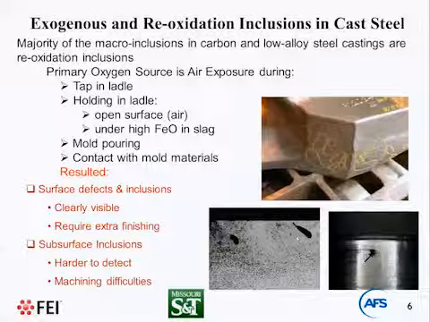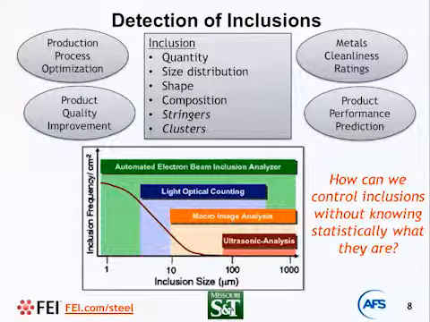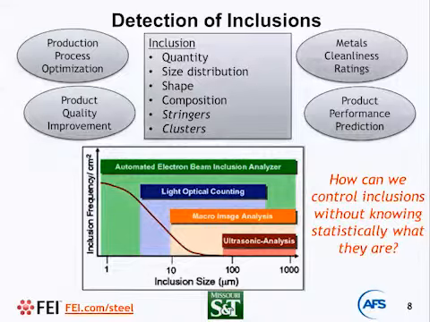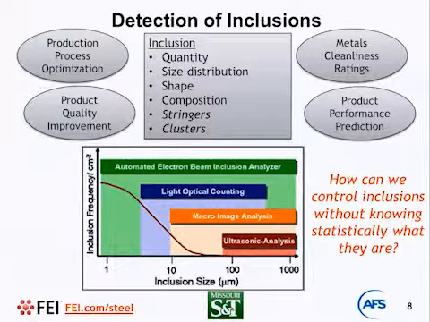So here I would like to give a brief introduction of the automated SEM-EDS technology for non-metallic inclusion analysis. For inclusion detection, there have been quite a few different techniques. As you can see on this slide, a chart shows that on different length scales, different techniques can detect inclusions and measure their information. Usually ultrasonic analysis measures inclusions or defects of 100 micron and above.